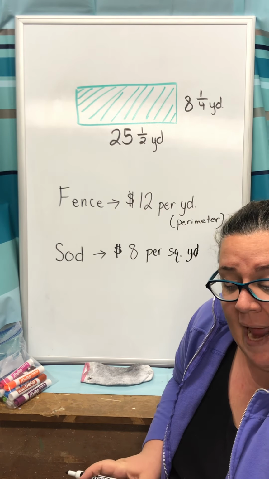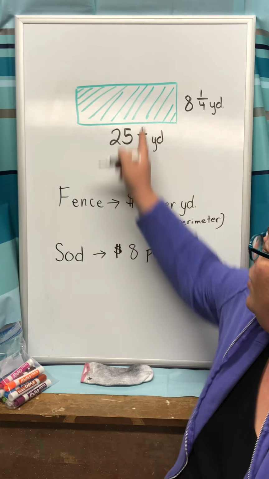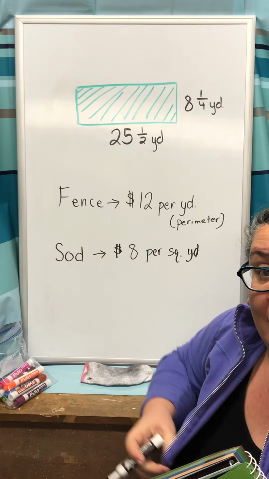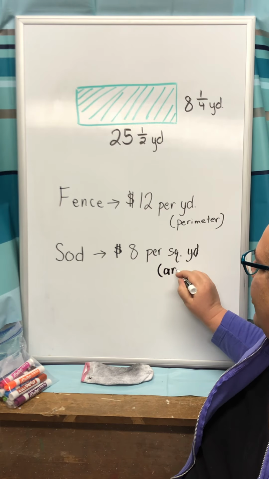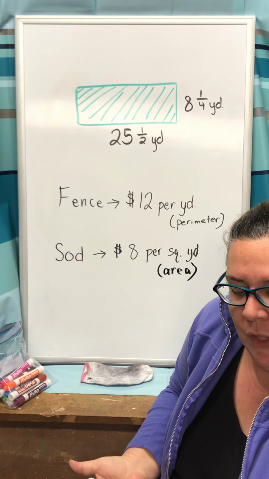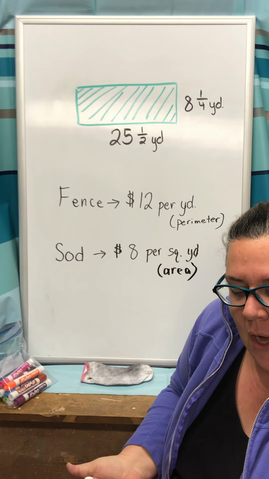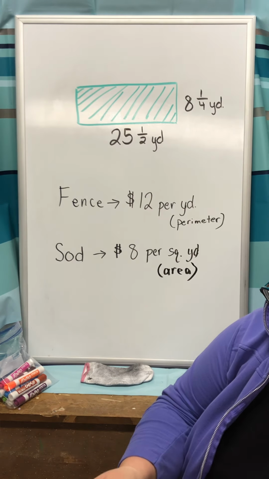So the difference now is we're going to cover the entire park, the inside section of the park. So this time we're not doing perimeter anymore. Now we're doing area. So their question was, what was the total cost for the fencing and the sod? Solve this problem any way you choose.